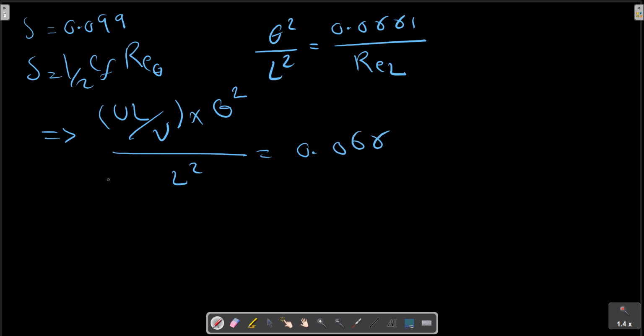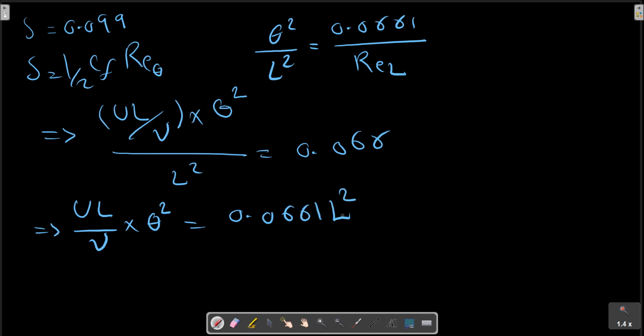We can write the Reynolds theta as U L on nu multiplied by theta squared on L squared. To form a Reynolds number, we should have U theta on nu.